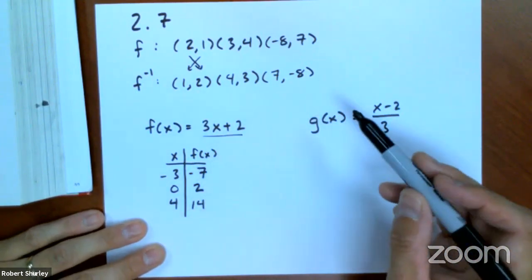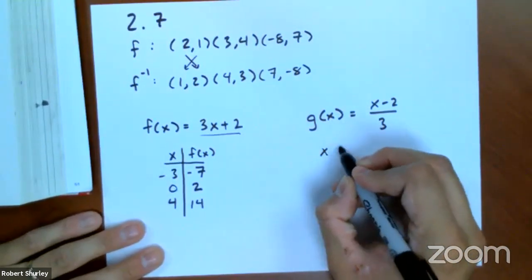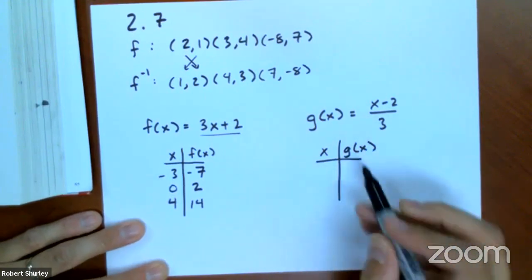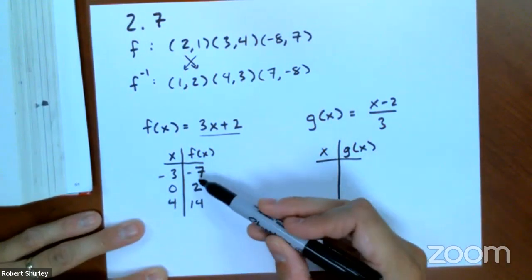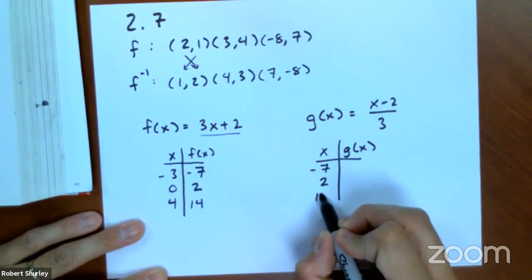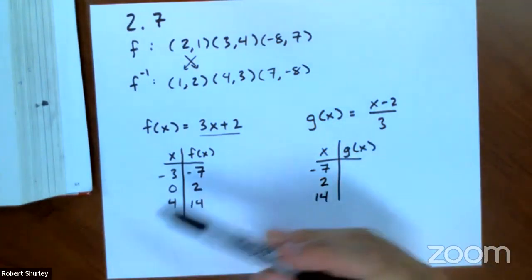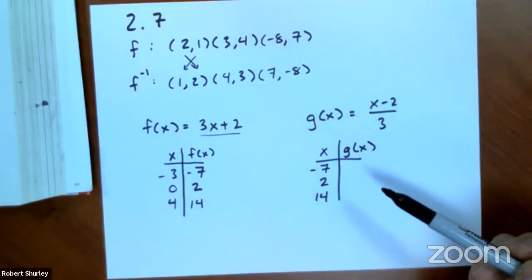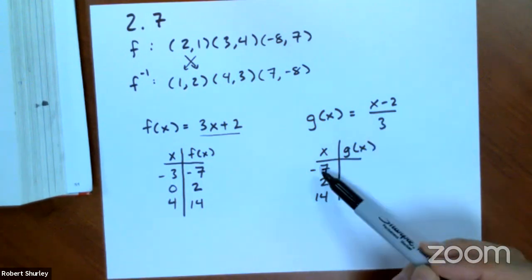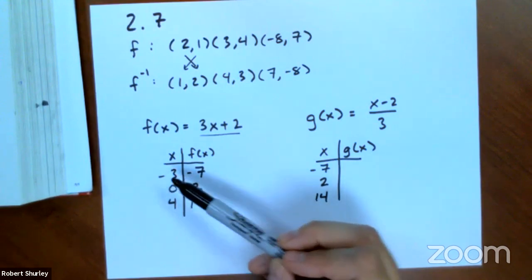Now, what's neat is if this is an inverse function and I do the same thing over here, I'm going to change my x values. My x values are actually going to be these y values. So I'm going to say -7, 2, and 14. So if these are inverse functions, what's going to happen is when we plug this x in, -7, it's going to pop back a y value, but that y value is actually going to be the x value over here.